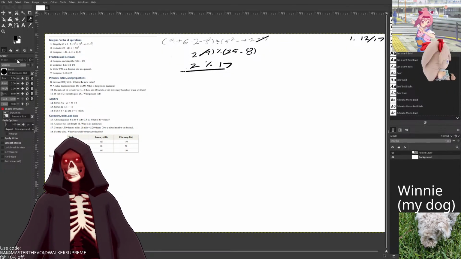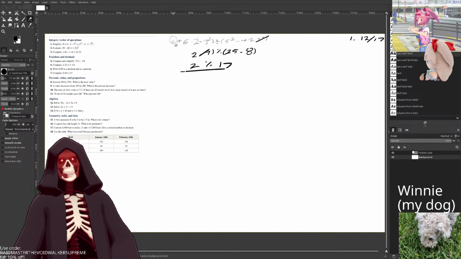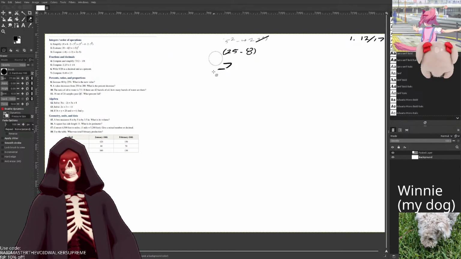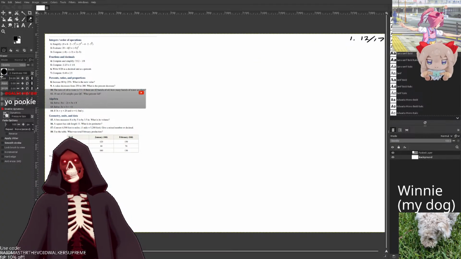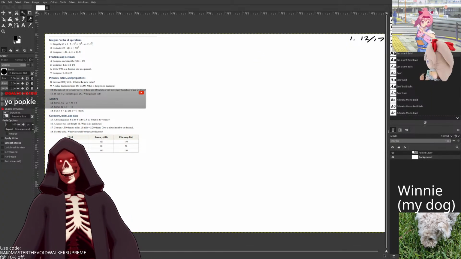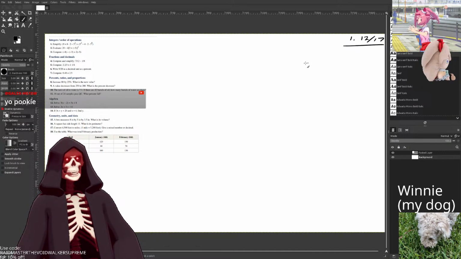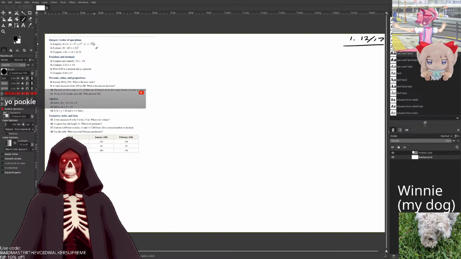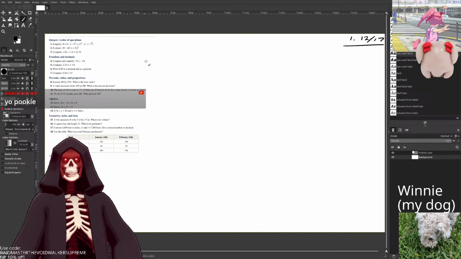Like so. Hey, Galax. Alright, so that's the first one. Right there. That's our first answer to this one right here. Is 12 over 17.